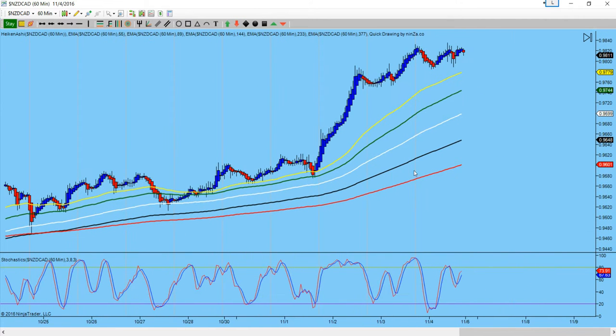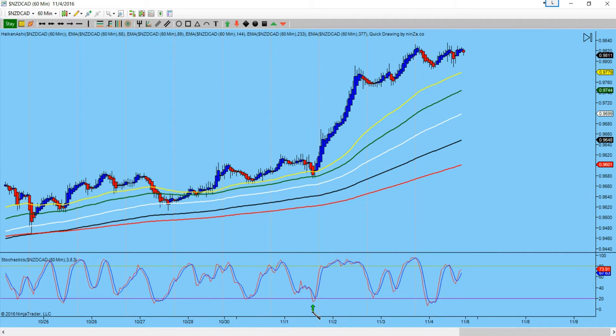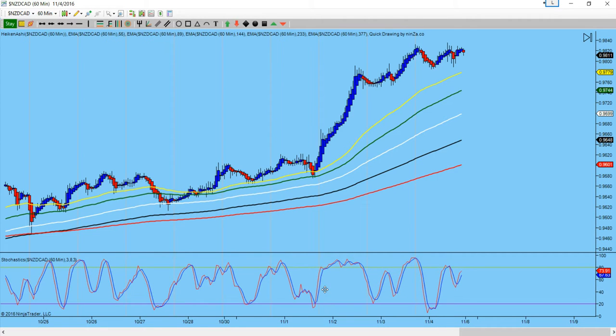Okay, so right now you can see it's in an uptrend. At the moment, it's above all the moving averages, and here was a nice entry. I wonder if I may automate. I could probably automate the signals. But we'll see, traders. I could probably automate this stochastic with buy signals.